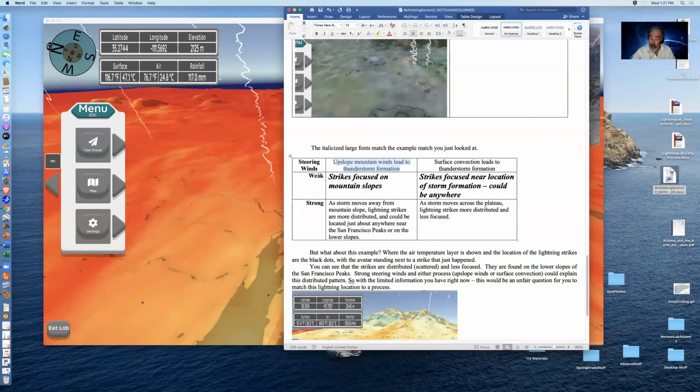And when there's a weak steering flow, where the thunderstorm is basically going to build where it forms, strikes focused near the location of storm formation could be anywhere out on the flats due to surface convection. But when there's strong steering flow and the thunderstorm moves over the landscape and you get more scattered distribution of lightning, it could be from either process.